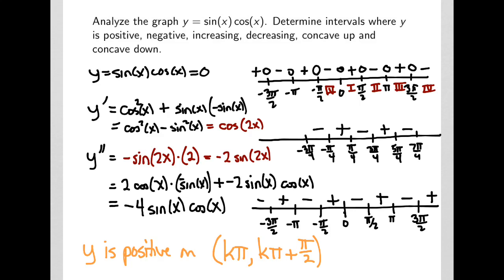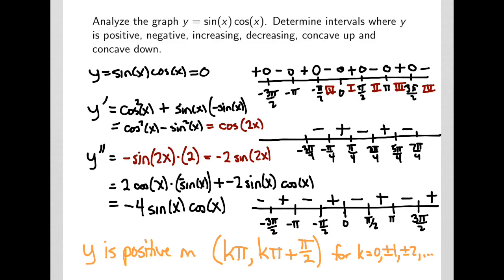And that describes each of the intervals as long as I say for k, it could be 0, plus or minus 1, plus or minus 2 and on. So now we have a pattern, and we've now described all of the intervals.